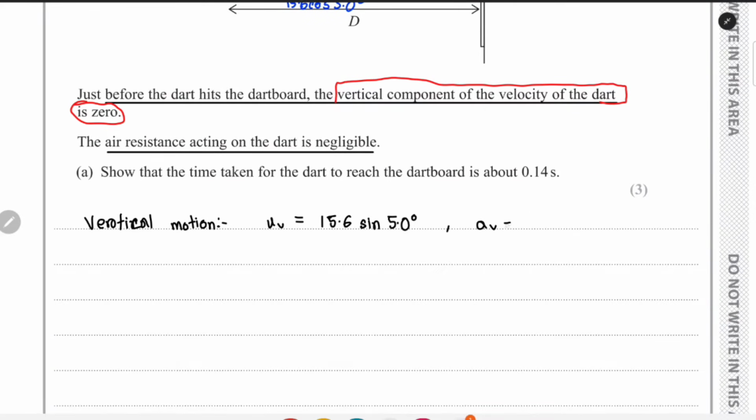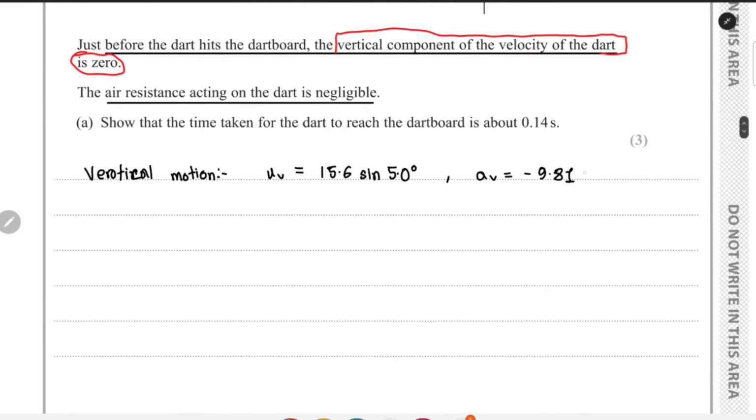So vertical acceleration is minus 9.81. We are also given that the final vertical velocity is 0. Now we have to find the time. So we have everything except the vertical displacement, so we'll use v equals u plus at.